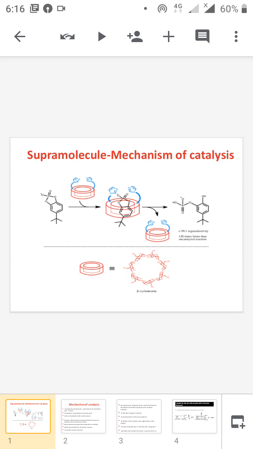So in supramolecular chemistry, the supramolecule acts as a catalyst for many chemical reactions, and it binds the reactant molecule in its active site, and after the chemical reaction it will liberate the product molecule, and the catalyst is regenerated after the chemical reaction.